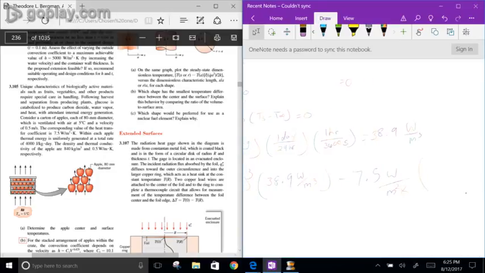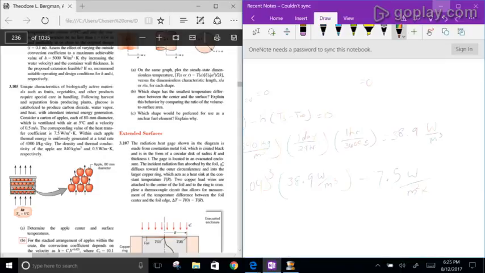Then we have to multiply that by the area too. The area is 4 pi r squared.